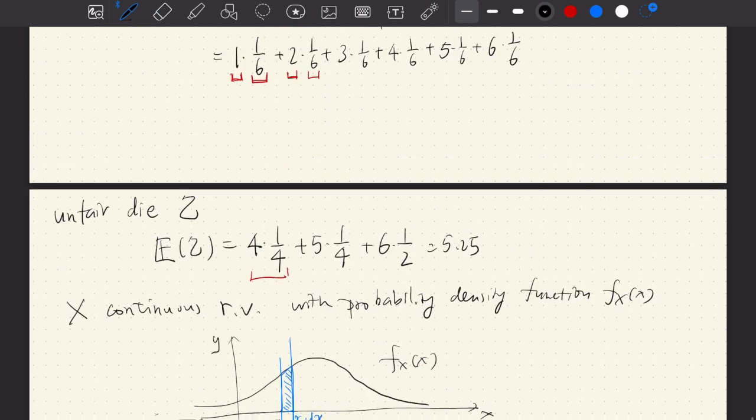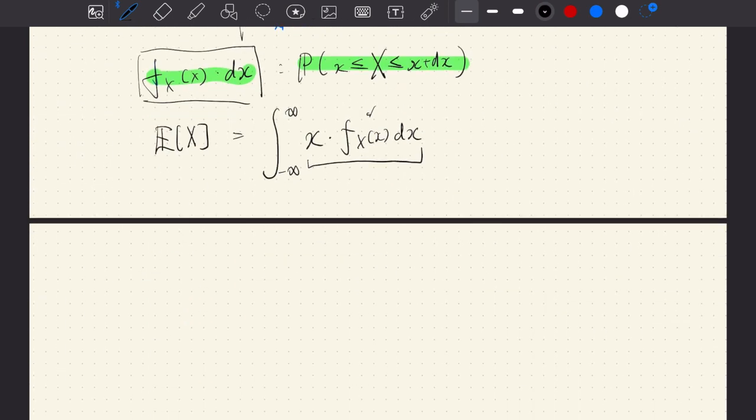Aside from expected value, there is another characteristic of a random variable that is very important, which is variance. When we talk about variance, we're trying to know how dispersed the outcomes of a random variable are. For example, if for random variable A the probability density function is shaped like this, it can basically only take values within a very small range.